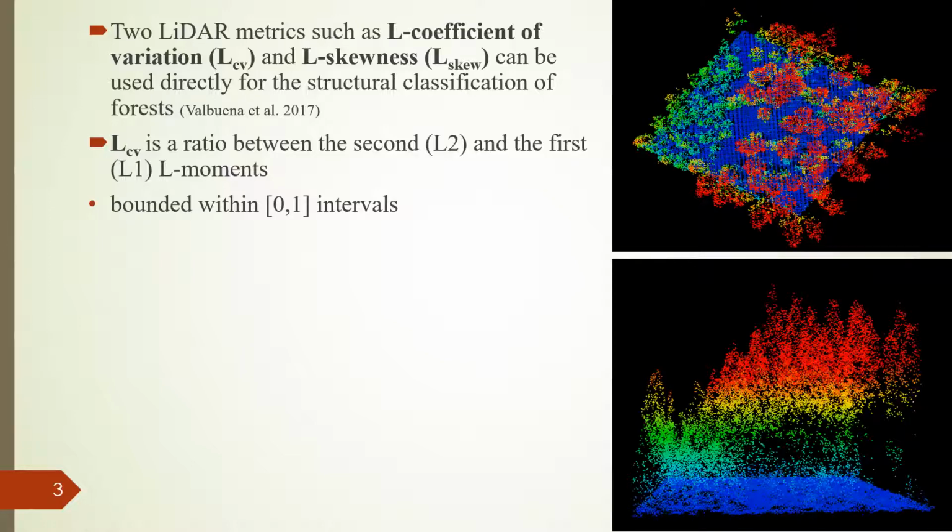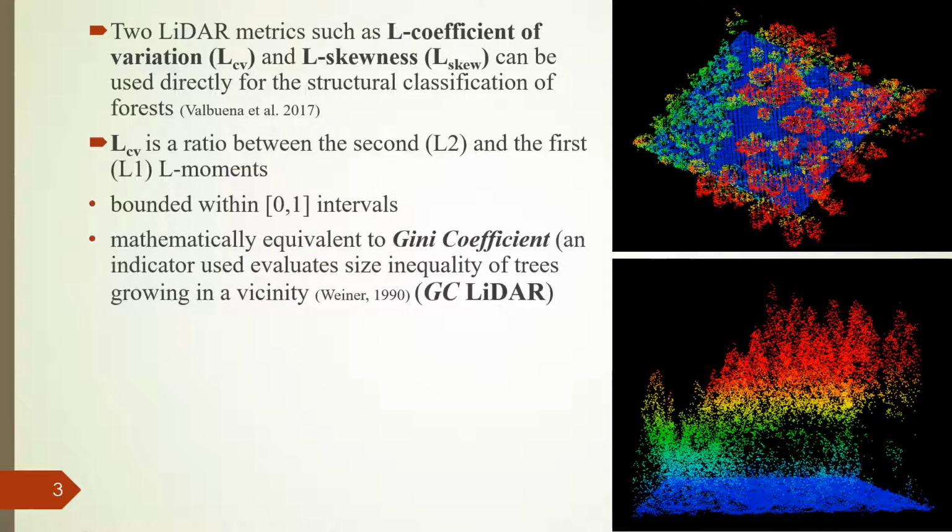For example, the LCV varies from 0 to 1. And LCV is mathematically equivalent to the Gini coefficient. And the Gini coefficient is an indicator that evaluates inequality among trees growing in a forest. So this LCV can be used to separate even and uneven size forest structures.